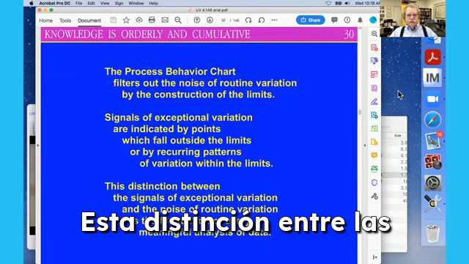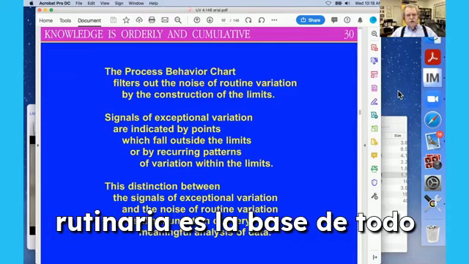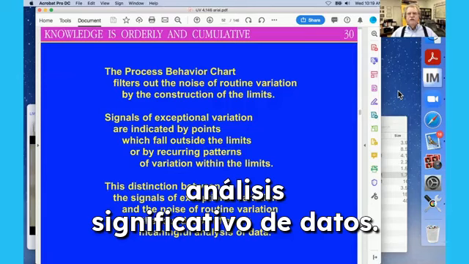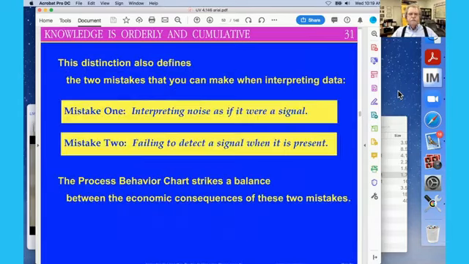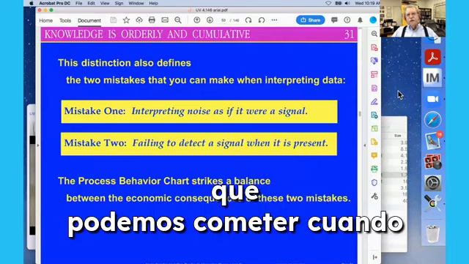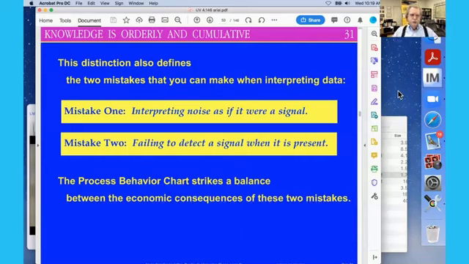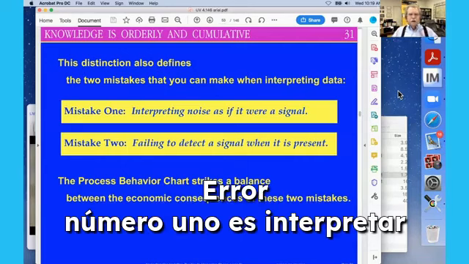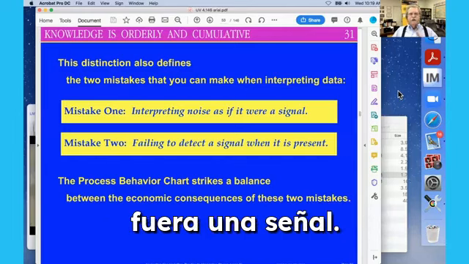This distinction between the signals of exceptional variation and the noise of routine variation is the foundation of every meaningful analysis of data. It also defines the two mistakes that we can make when we go to interpret our data. Mistake number one is interpreting noise as if that noise amounted to a signal.